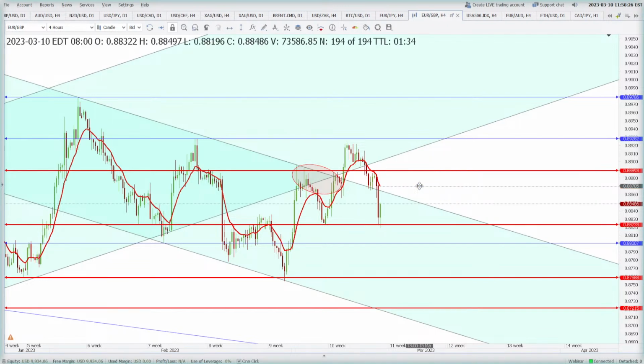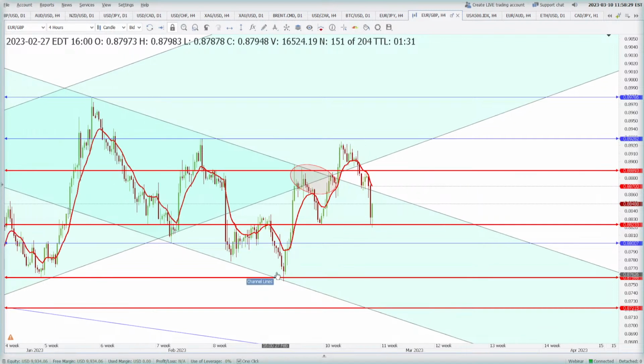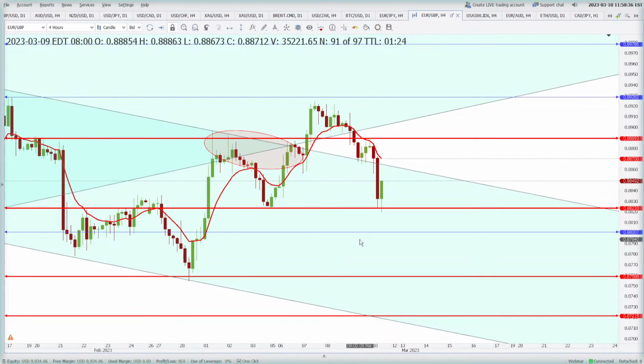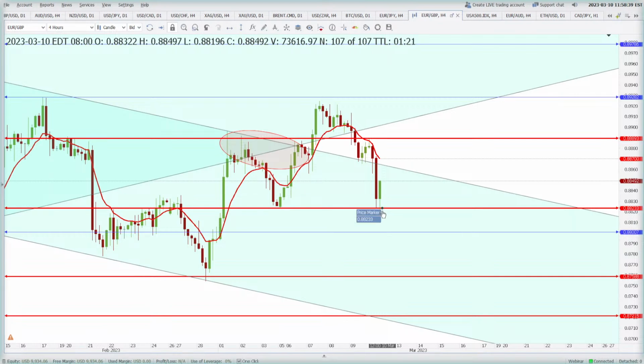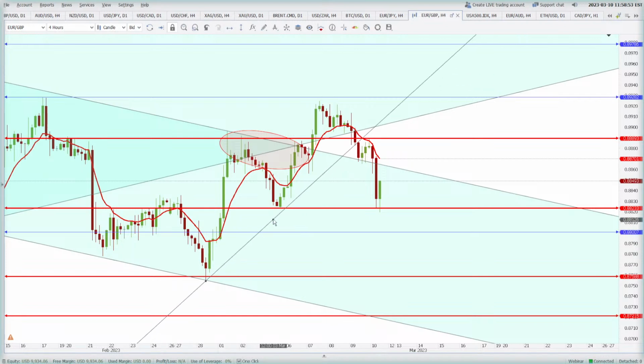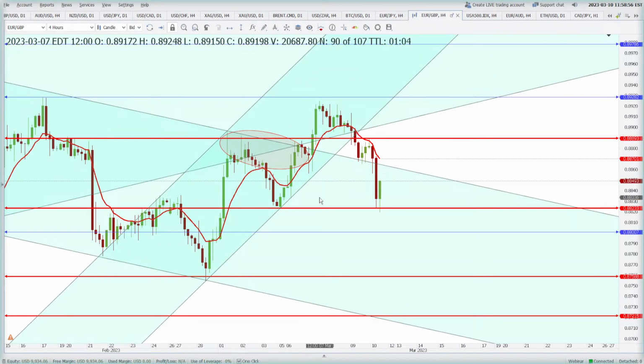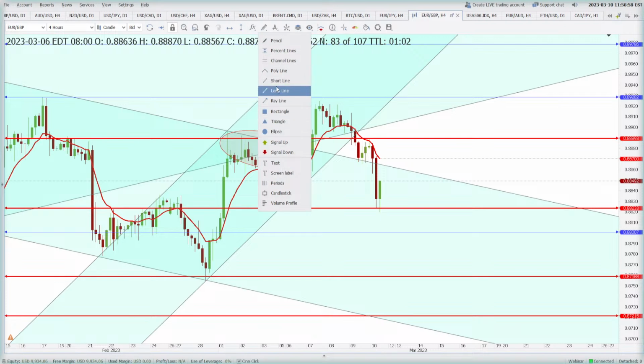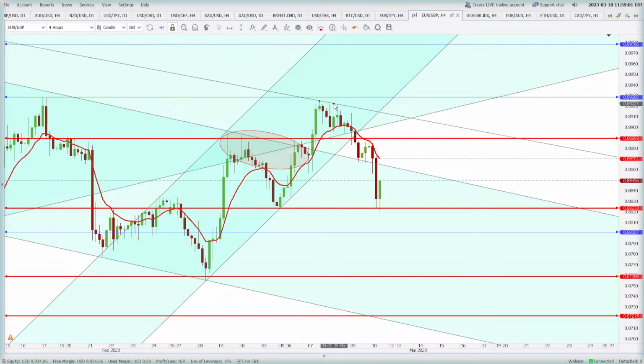Let me check. So this is 4 hour. On the 4 hour, the market structure here is up till now, but right now, my friend, do you see this candle here? The current candle of the 4 hour has breached this low to the downside. So I'll be expecting a lower high to be formed in this market. For that lower high to form, I'll be making these channels here.